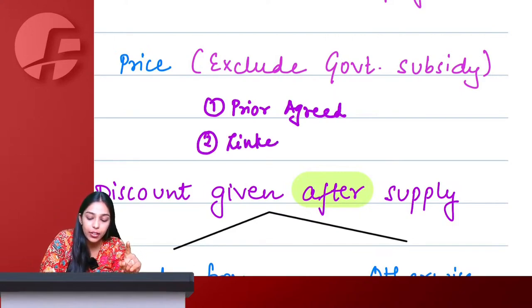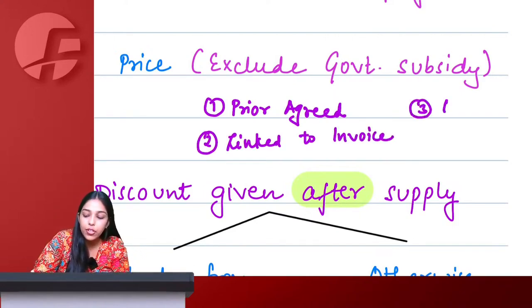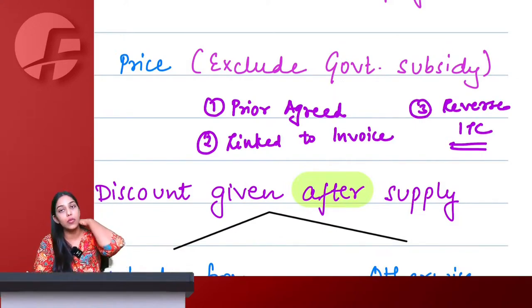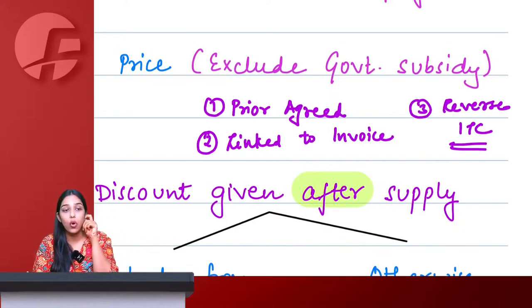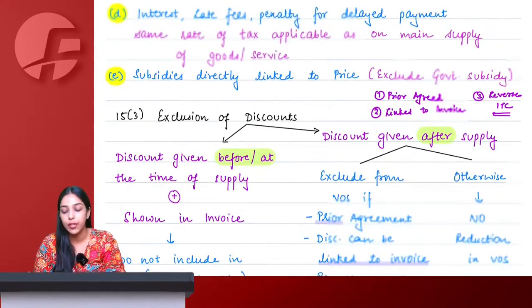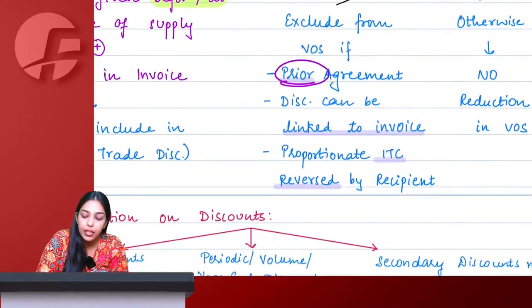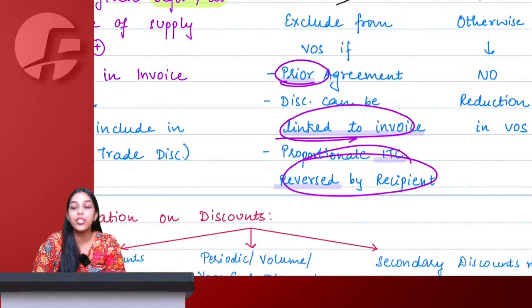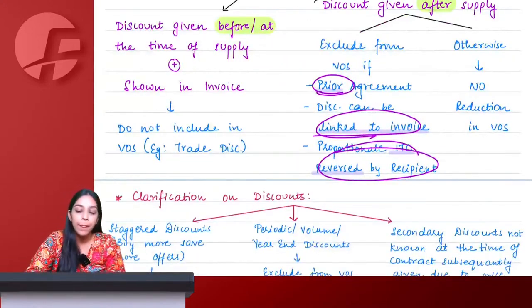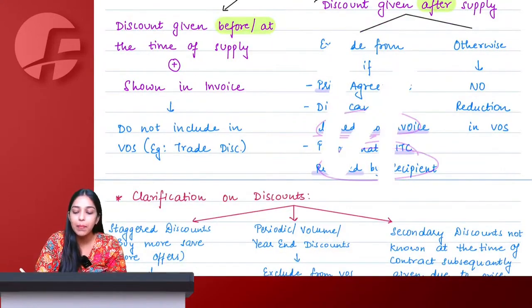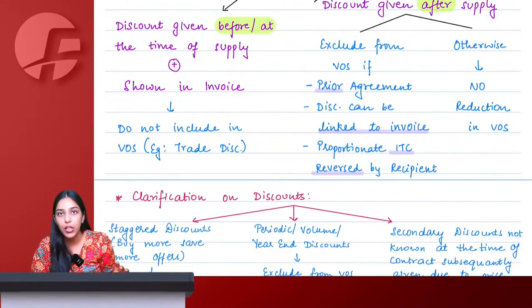Second, they should be linked to the invoice. And third, the recipient should reverse the proportionate ITC on such discounts. If all three conditions are fulfilled, prior agreement, linked to invoice and proportionate ITC reversed by the recipient, only then can such post-supply discounts be reduced from the value of supply.